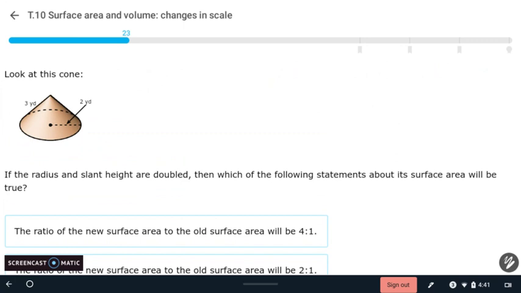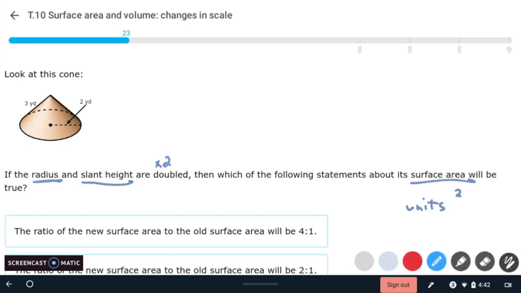So in this problem, both the radius and the slant height are doubled, so because it happens for both, we can use our shortcut method. Doubled means they're times 2, then which of the following statements about the surface area will be true? Surface area is units squared, so we're going to square our amount. 2 squared is 4.